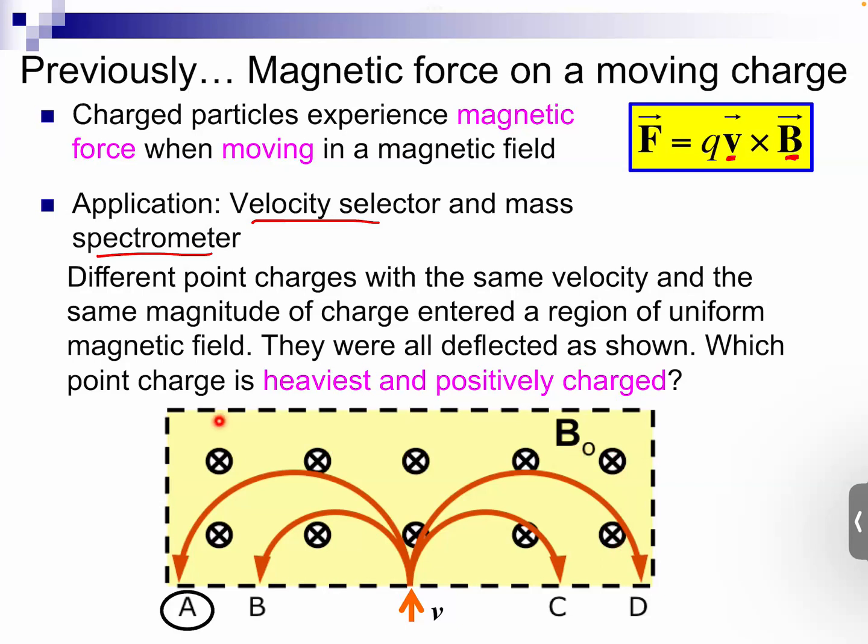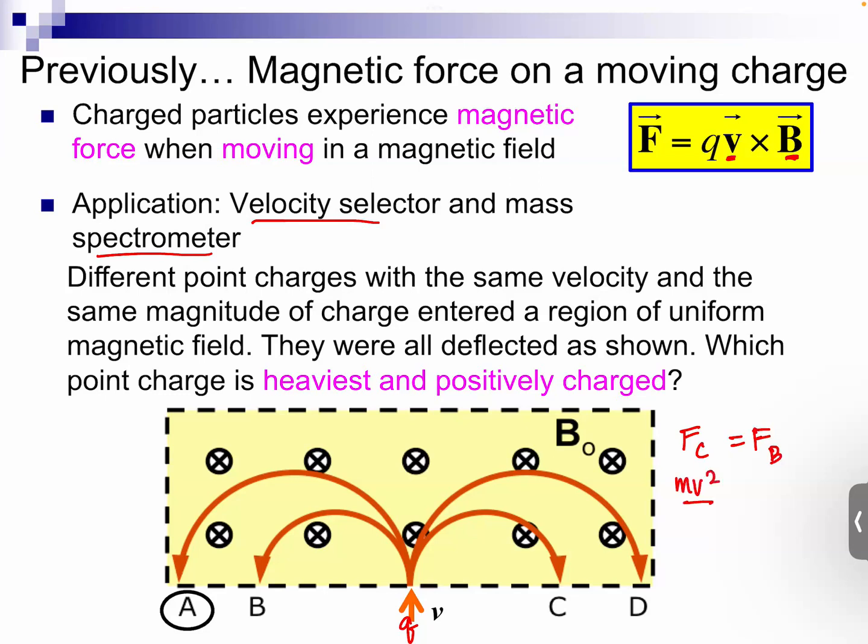If a charge with some velocity V enters that uniform region, the magnetic force acts like a centripetal force and makes the charge move in a circular motion.